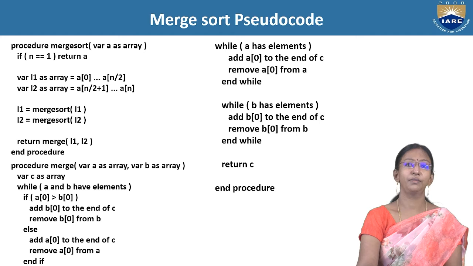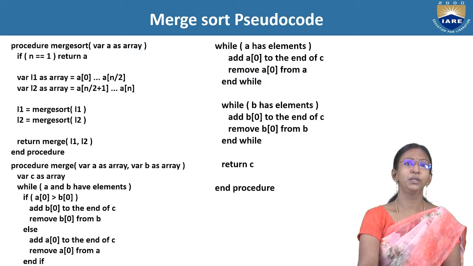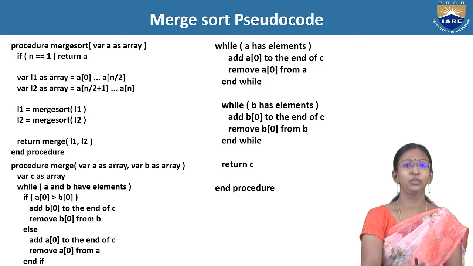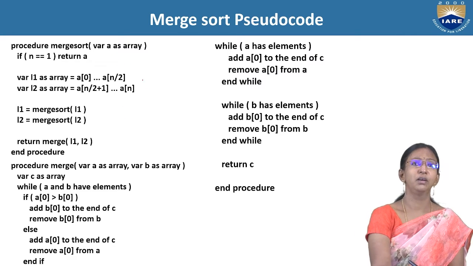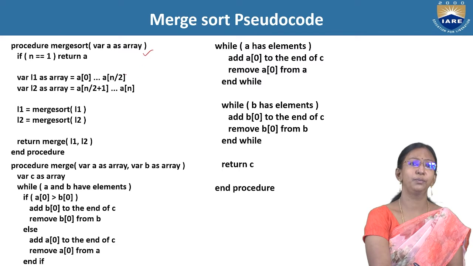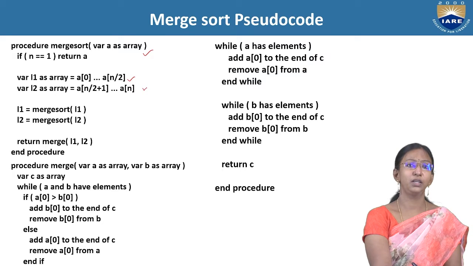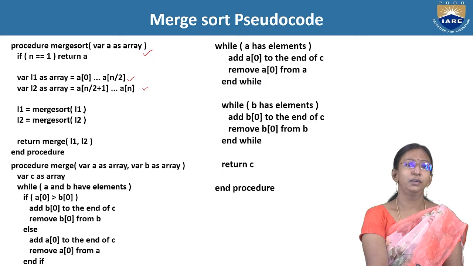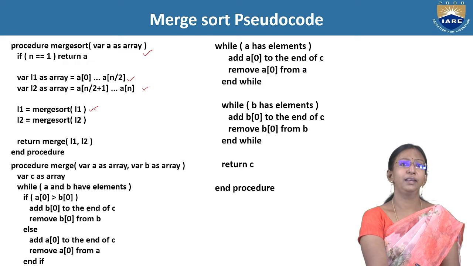Here it has basically two functions, merge sort and merge. In merge sort, the first procedure which we are going to use, it is going to divide the given list into two halves, list 1 and list 2, and recursively I'm going to call or send list L1 to merge sort itself.